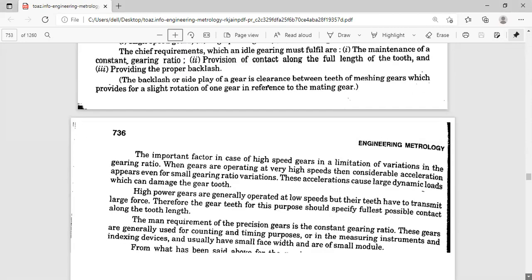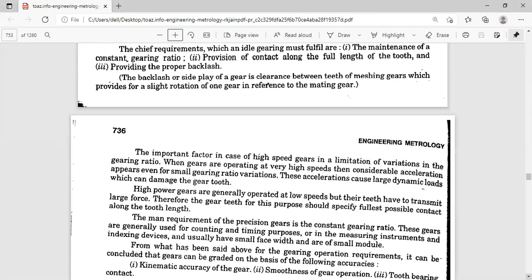The important factor in the case of high-speed gears is that we have variations in the gearing ratio. You have to maintain the gearing ratio constant, but it's not so easy in practical application. That is very important. We'll wind up, because last class also when I touched this, time was gone.